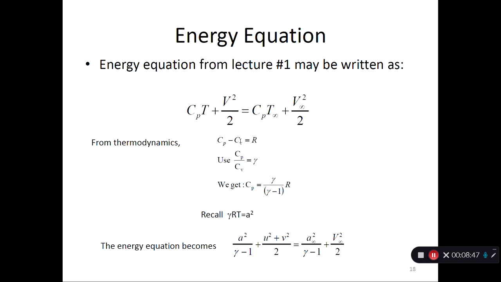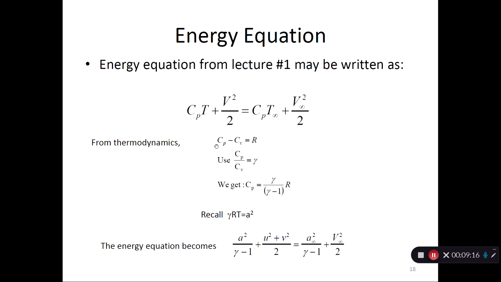Cv is a specific heat at constant volume. From thermodynamics, we know that the difference is R, the ratio is gamma. So you could write Cv as Cp over gamma. Then if you keep Cp to one side and take everything that involves gamma to the other side, you get this expression. Then Cp times T is gamma RT divided by gamma minus 1.